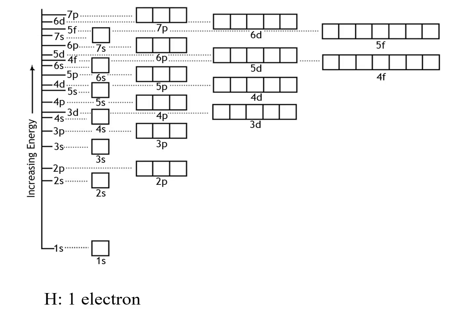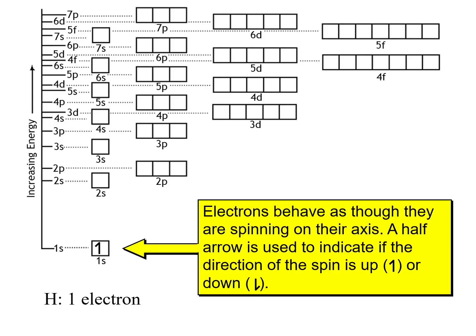So that means the most stable arrangement would be for hydrogen's electron to be in the 1s orbital. Now, this drawing I have here is not a 1, it is a half arrow. So electrons behave as though they are spinning on their axes. If they are spinning clockwise, they're spin up, and if they are spinning counterclockwise, they are spin down.